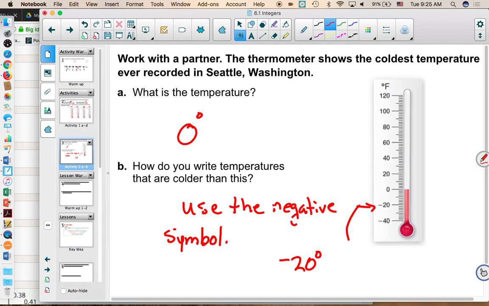Today we're going to be ordering integers. Well, first of all, you have to know what integers are. You need to know the definition of integers. What is the definition of integers? Any type of number. No, sir, not any type. Tyler? Counting numbers.